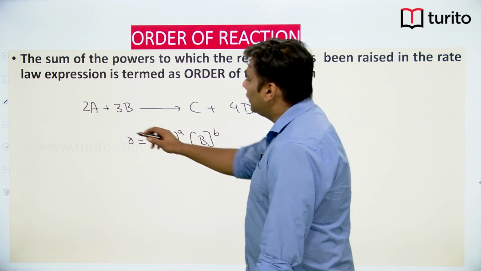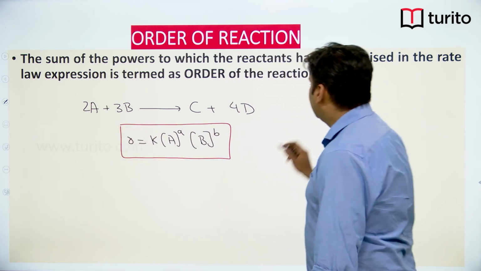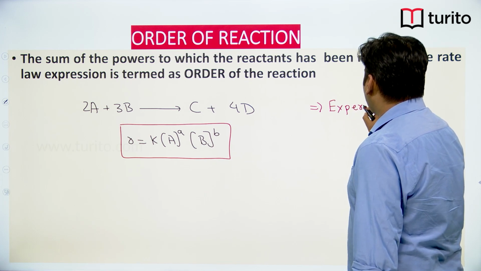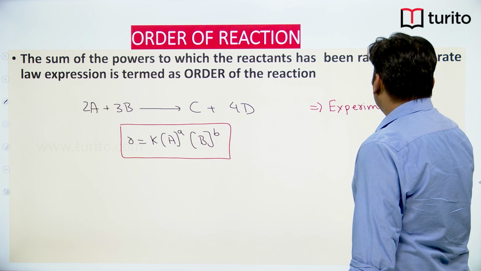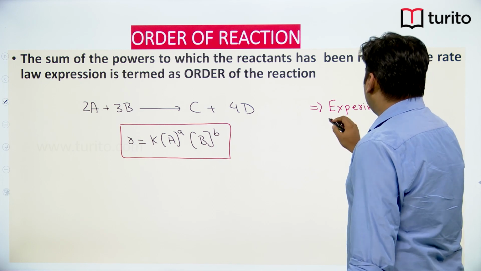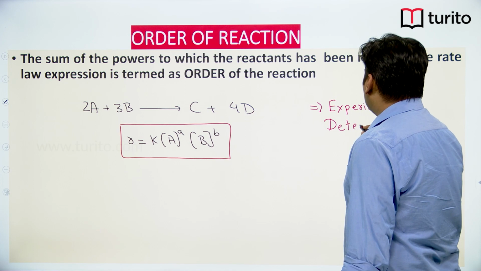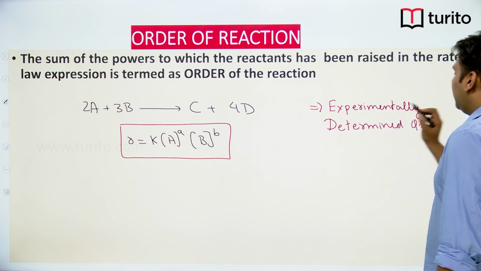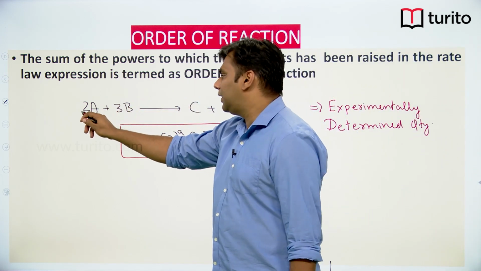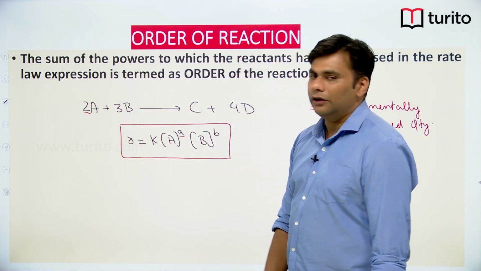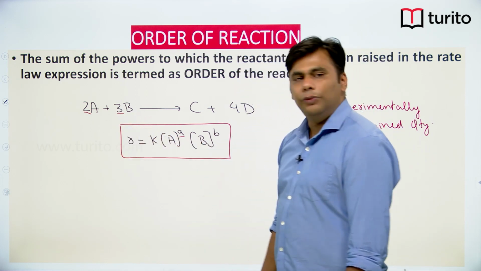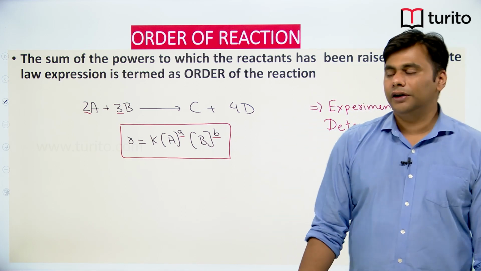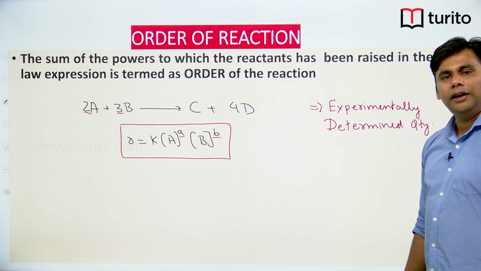So we are saying that order is an experimentally determined quantity. We cannot comment about the order of the reaction just by looking at the equation. Because the stoichiometry of A is 2, we cannot say that the value of a will be 2. The stoichiometry of B is 3, we cannot say that the value of b will be 3. We have to check it experimentally. So we say it is an experimentally determined quantity.